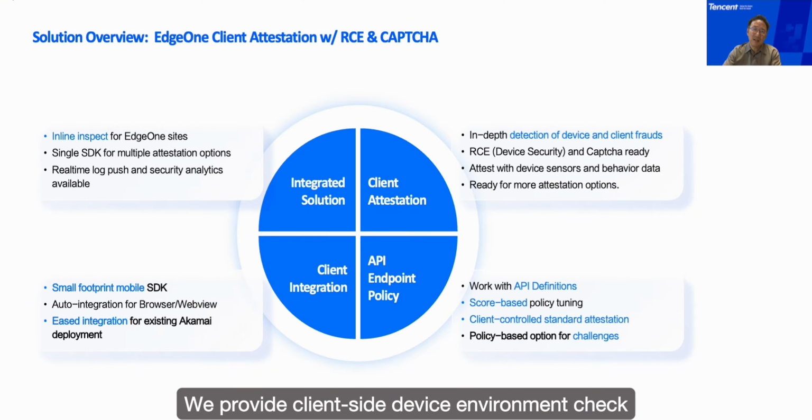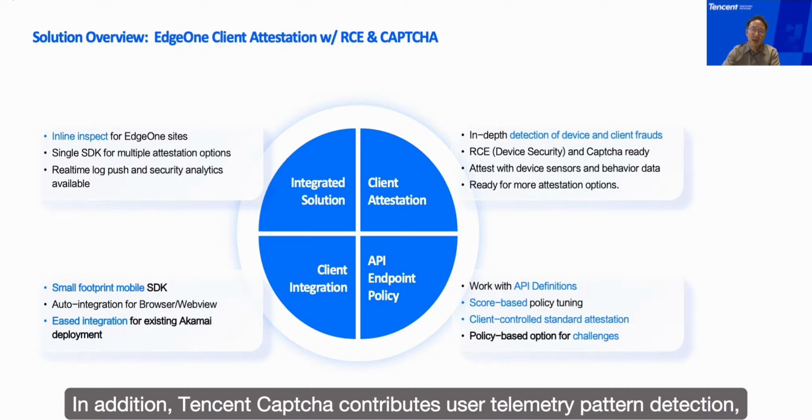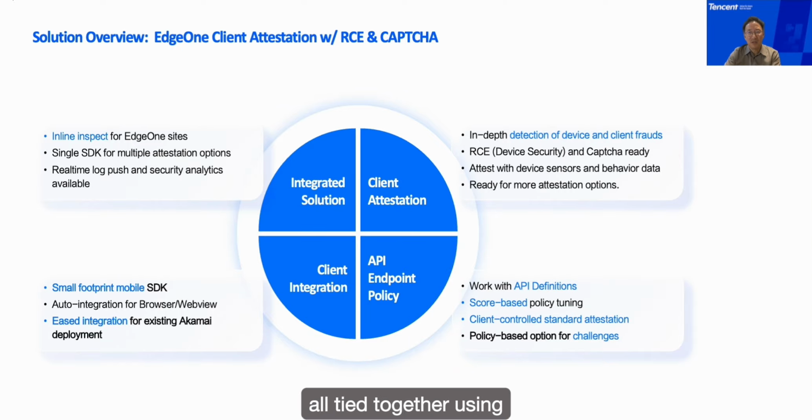We provide client-side device environment check and AI-driven device reputation scoring through Tencent RCE. In addition, Tencent CAPTCHA contributes user telemetry pattern detection, all tied together using a unified but multi-factor device ID.